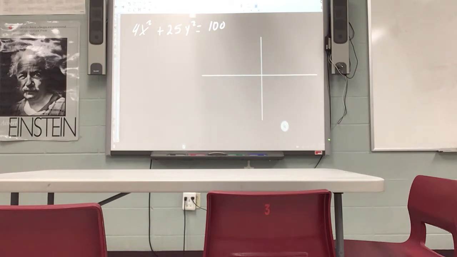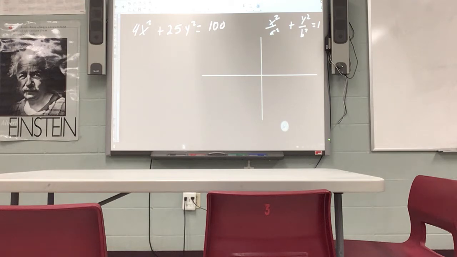Alright, so first off, that doesn't look like the parent function that we just wrote down. So we need this thing to be in that form. So I would say, first thing we need to do is set it equal to 1 instead of 100.